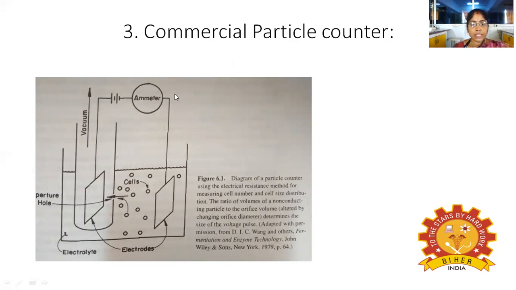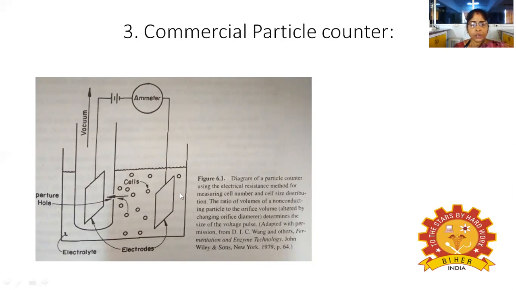When we pass a current by applying voltage, the cells present in the electrolyte pass through the orifice and touch the electrode, so that it takes the signal in and displays it in the form of a height of a pulse. That height of the pulse is directly proportional to the number of cells present in the electrolyte solution.